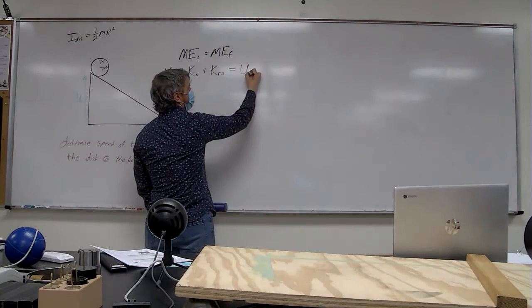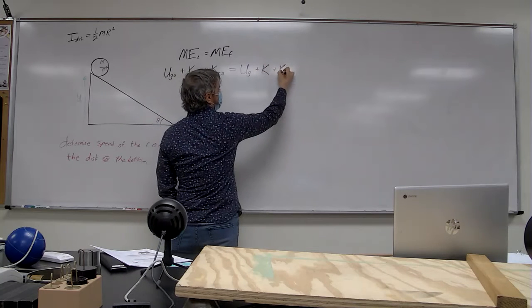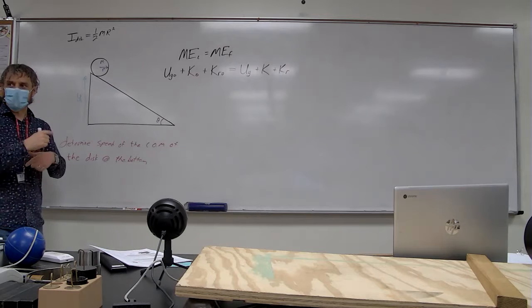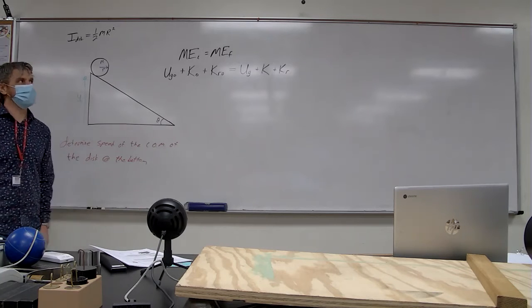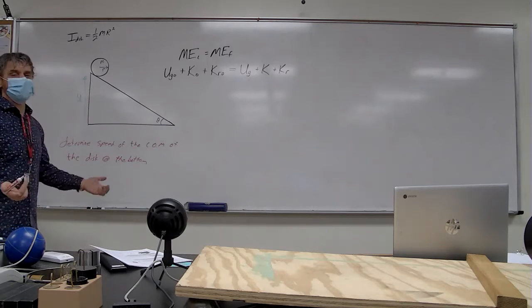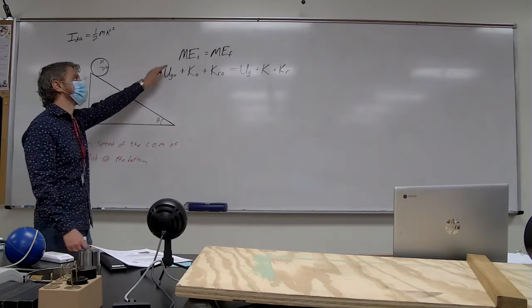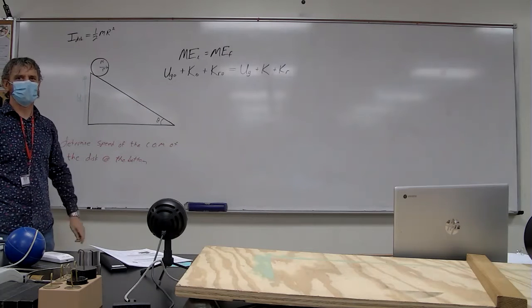That's going to equal the final gravitational potential energy plus the final kinetic energy plus the final rotational kinetic energy. So this is where, if we're dealing with rotation, we add 2 more terms into our conservation of energy equation, which gets a little hairy. It's not too bad, especially since some of these are going to go away, right? There are many ways of writing the conservation of energy law, and I think this is probably the easiest one for this kind of situation.